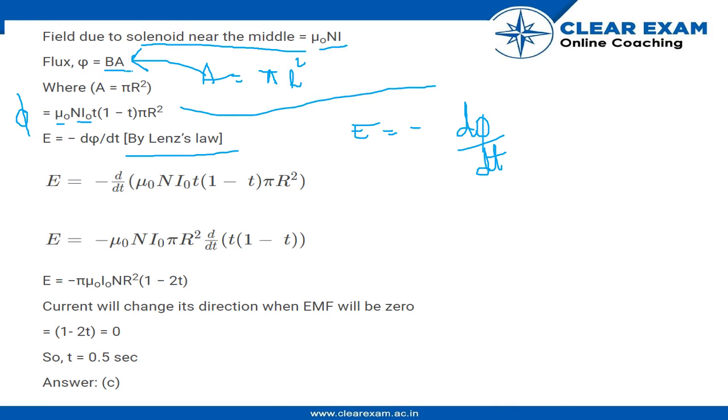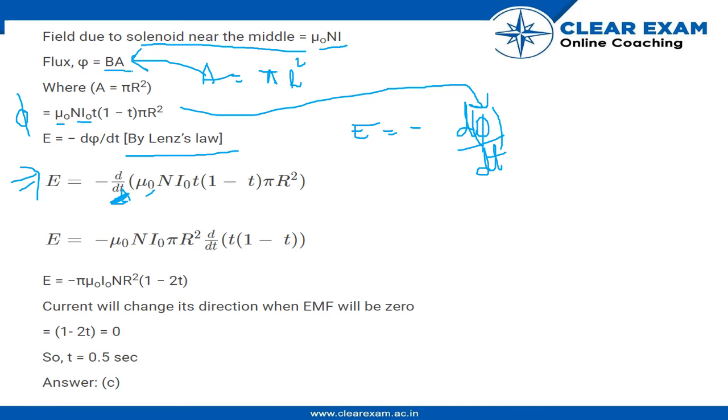We reach the position in this equation where E is equal to minus d upon dt of mu naught n I naught into t (1 minus t) pi r square upon dt. So the differentiation is going to be in terms of dt because the denominator term is dt.